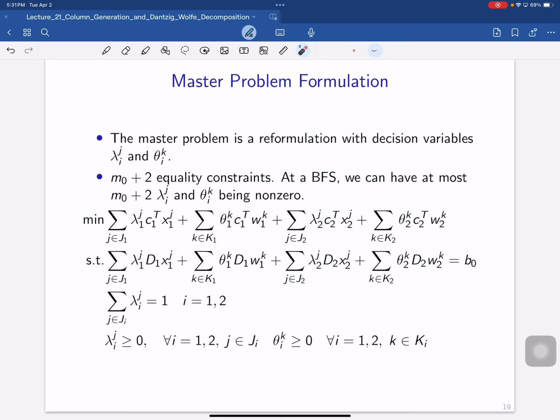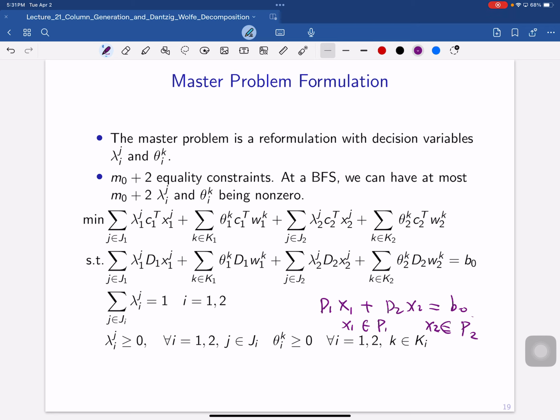Remember the original constraint is as follows: D1 x1 plus D2 x2 equals b0, and x1 is in P1, x2 is in P2. That's the original constraints we have.